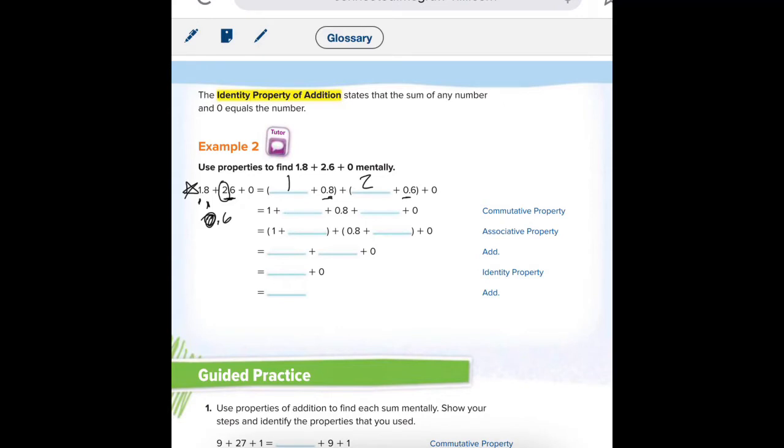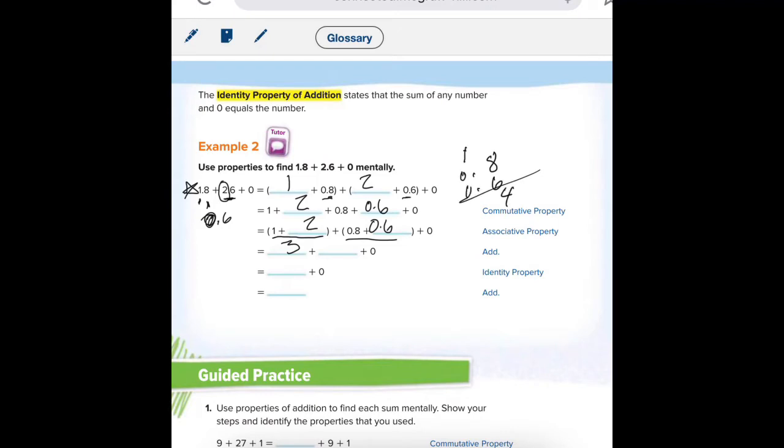We can say 1 plus 2 plus 0.8 plus 0.6 plus 0. And then we can say 1 plus 2 right here, because we haven't done that one just yet, plus 0.8 plus 0.6 plus 0. And when we add 1 plus 2 together, it equals 3. And then when we add 0.8 and 0.6 together, we get 14.